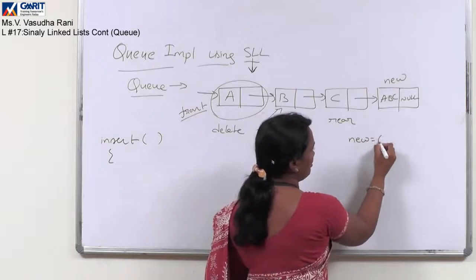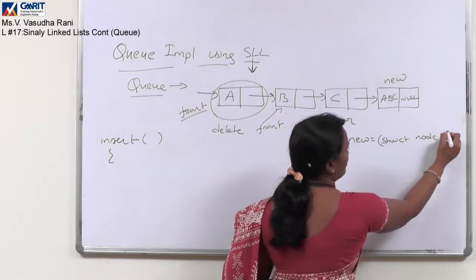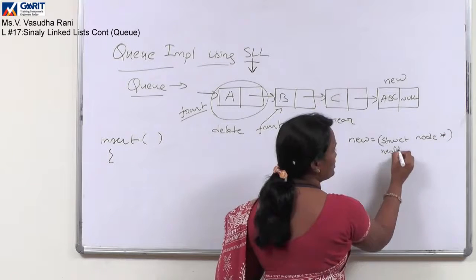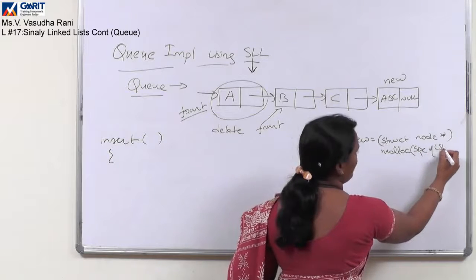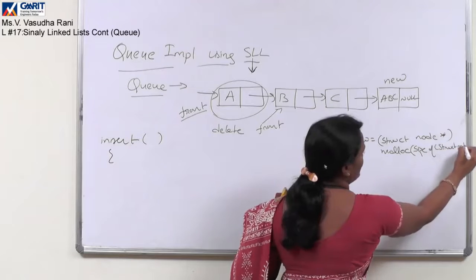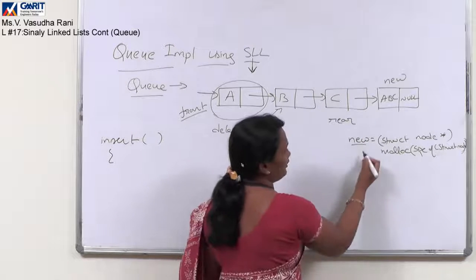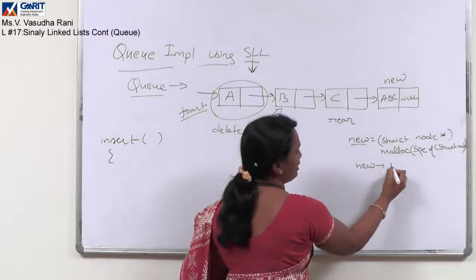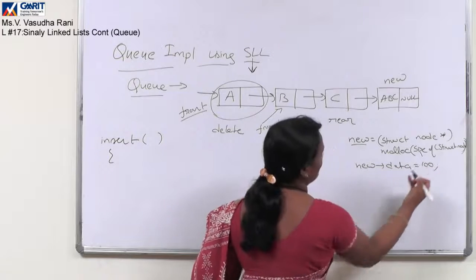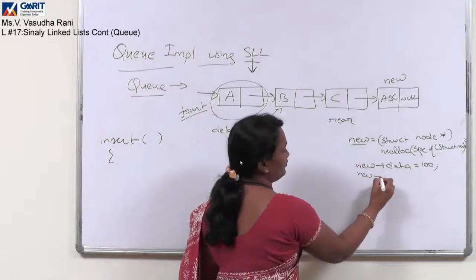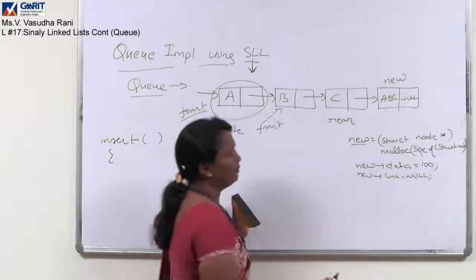It will be your new, struct node star, using your malloc function, size of struct node, and new's data you can keep some 100, and new's link can be made as null.